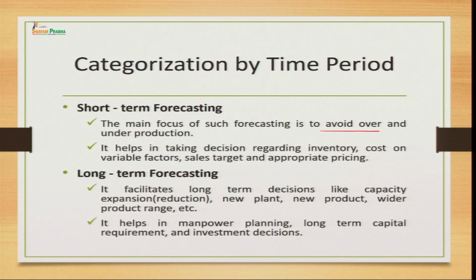If we are producing more than required, that is a loss, because we are blocking our capital unnecessarily, and if the item is of perishable nature, then we have to make extra effort to protect that good, or maybe that product will go waste. So, that is not a right way of production.